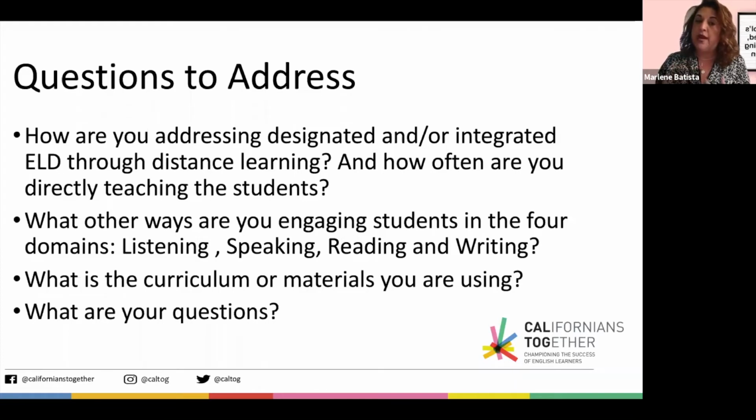I'm curious how other people are getting the designated ELD when they have mixed groups, especially in a district like ours where we used to break the kids up by teachers. Are they still doing that? The middle school's been easier for me, but I'm having a hard time with the K-5.